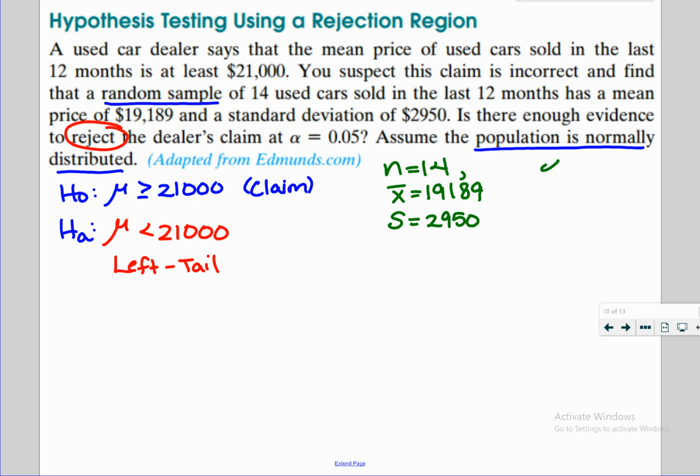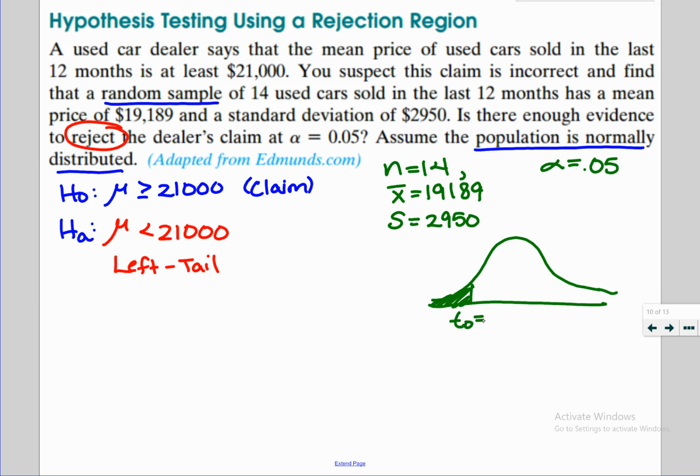I also had that level of significance of 0.05, so I'll just label that. Okay, on your t-distribution, we know it's going to be a left tail test. From what we've labeled so far, you should be able to find that critical value of z, or t, excuse me.